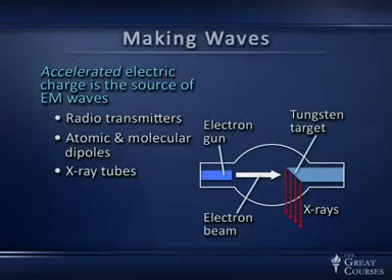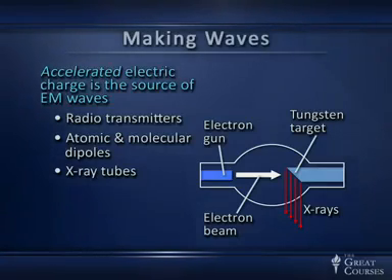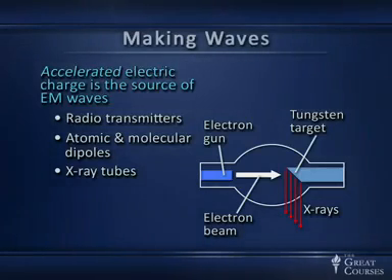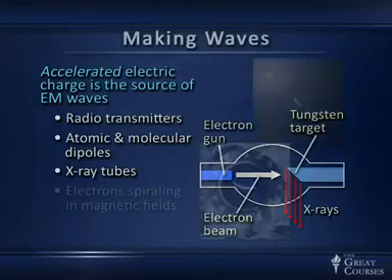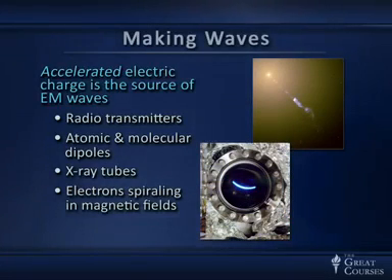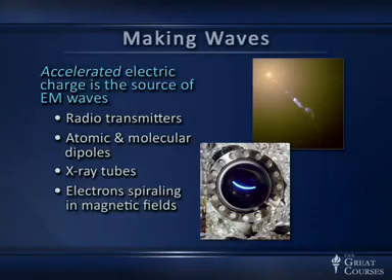You get to even smaller scales, X-ray tubes, for example. Electrons are accelerated by very high voltages, tens of thousands of volts. They slam into a very hard target of a material like tungsten. The very rapid deceleration produces very high-frequency, short-wavelength electromagnetic waves, X-rays. Electrons spiraling in magnetic fields, as I mentioned when I talked about cyclotron motion, in the laboratory or in astrophysical situations, produce electromagnetic waves of frequencies that depend on how rapidly they're spiraling around, and that depends on the magnetic field strength that they're spiraling in.